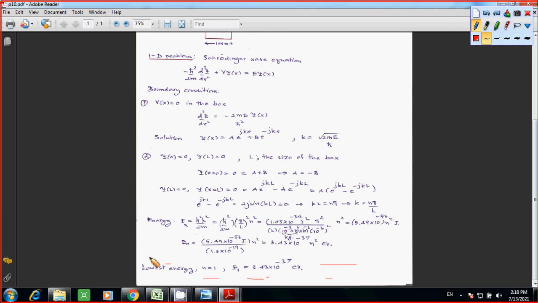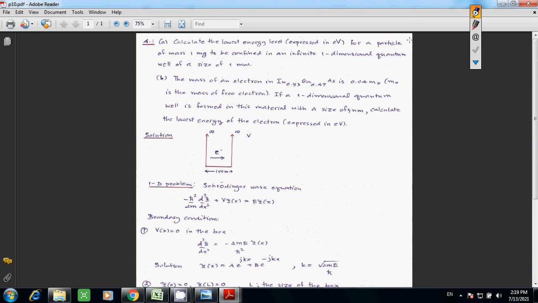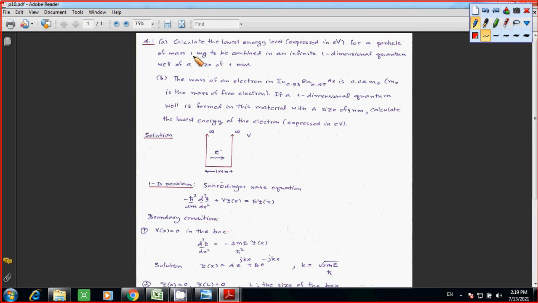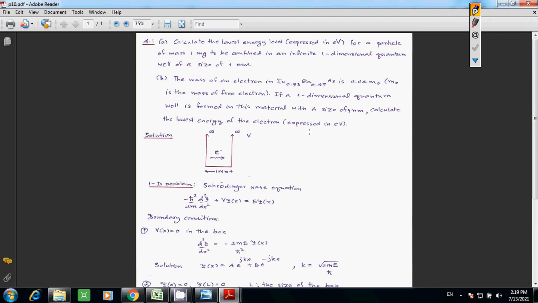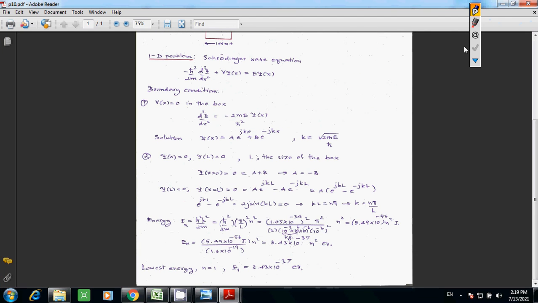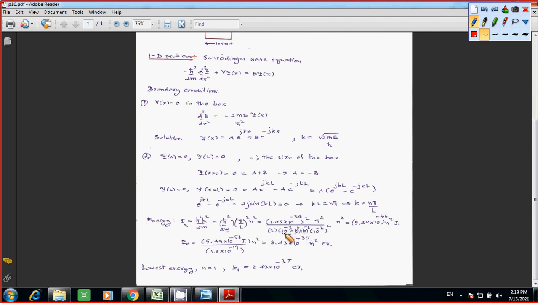And the energy En equals h bar squared k squared over 2m. So you can apply your k, which is equal to n pi over L, in this equation. M is the mass of the particle, which is 1 milligram, right? You need to convert to kilogram.